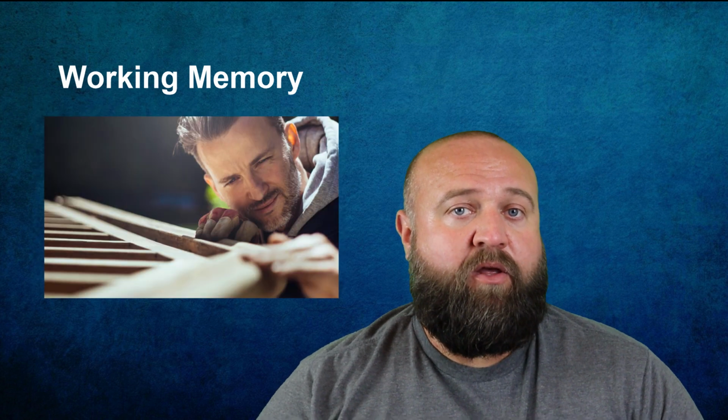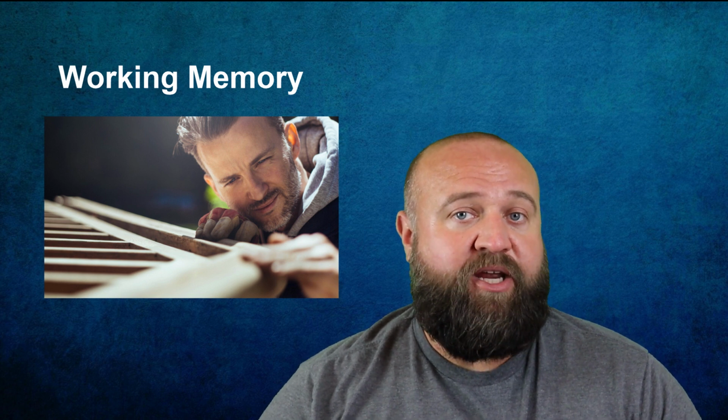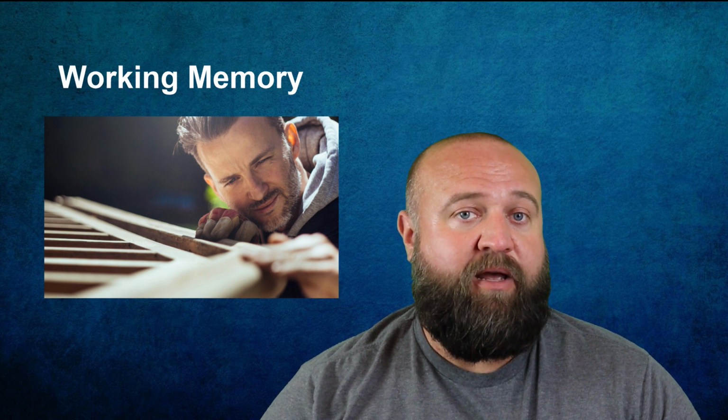If you remember earlier in this video, I said that the short-term memory is the stage where you're actively aware of the information. Well, the whole purpose of our memory system isn't just to store a bunch of useless information. It's to store information that we can access later to help us live our lives better. We need to be able to retrieve the information we store in our long-term memory.